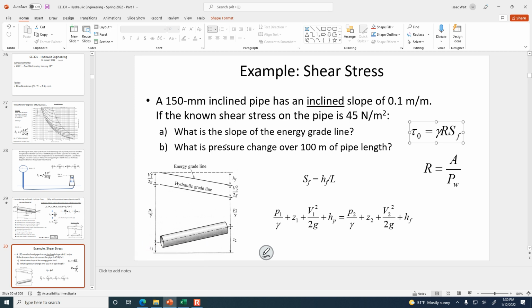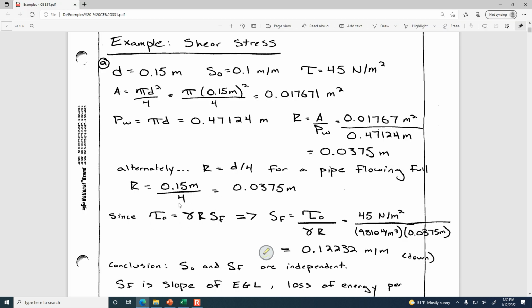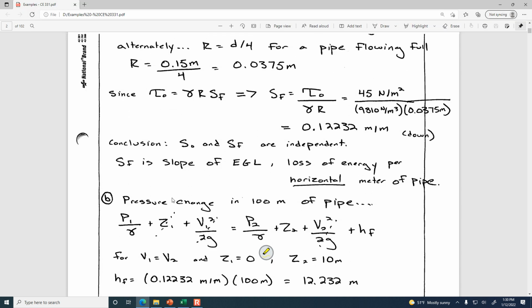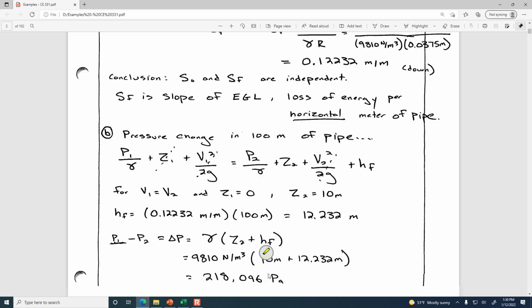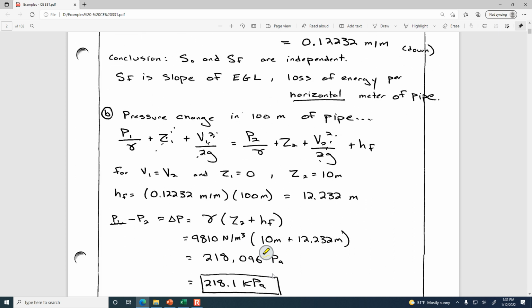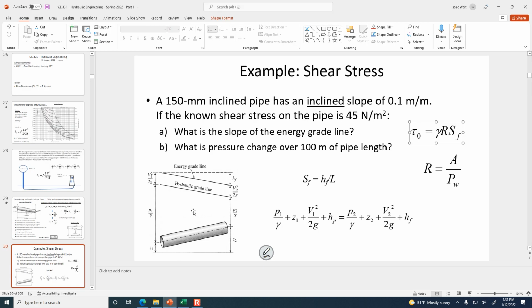Okay, this next part. What is the pressure change over 100 meters of pipe length? For that, what we need to do is start with the energy equation. You can see that I've suggested let's have Z1 be 0 and Z2 be 10, because the slope of the pipe was defined in this problem as 0.1 meters of vertical per meter of horizontal length.